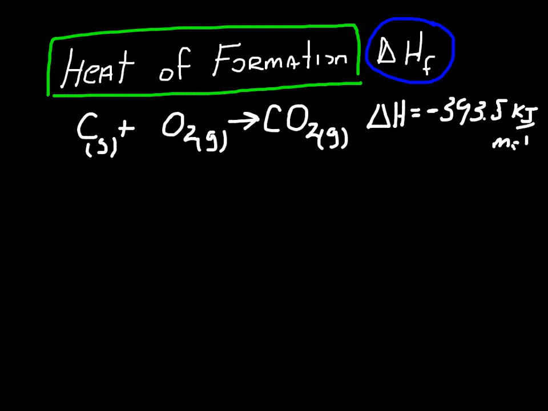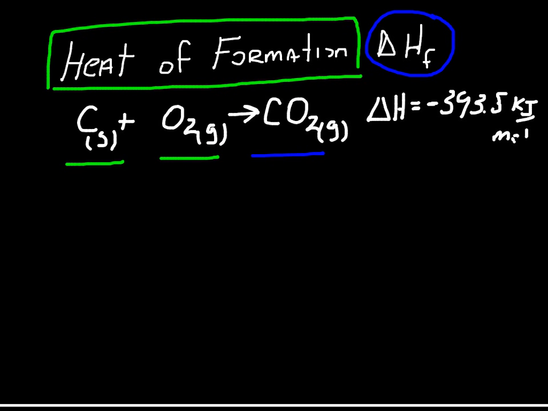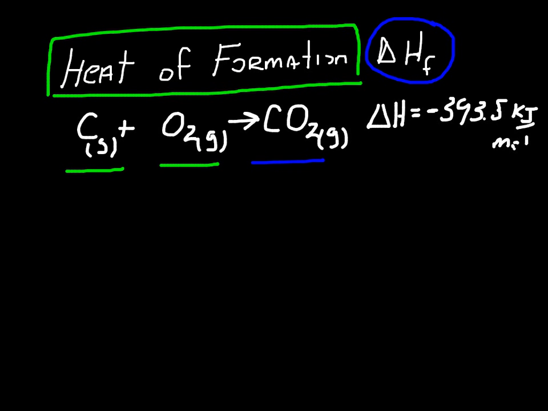Well, looking at this equation, I have a carbon, I have an oxygen, which are both in their elemental forms, and it's going to produce CO2. Well, the amount of heat that comes out of that reaction turns out to be negative 395.5 kilojoules of heat.